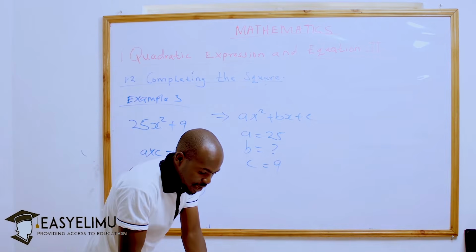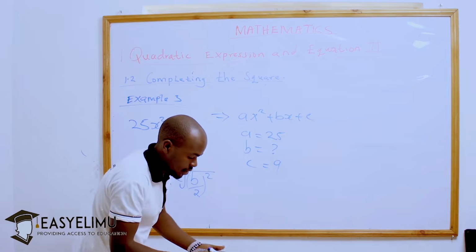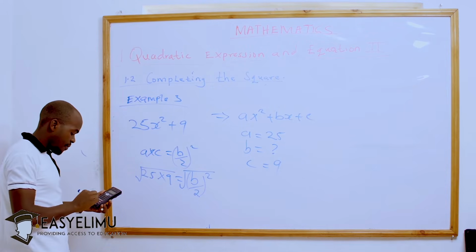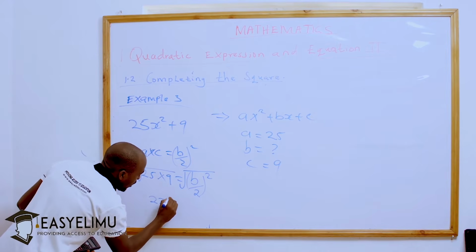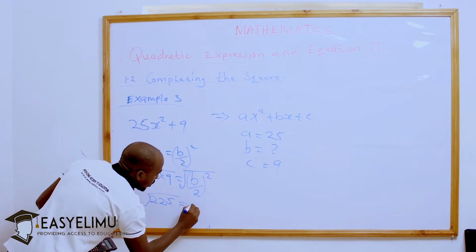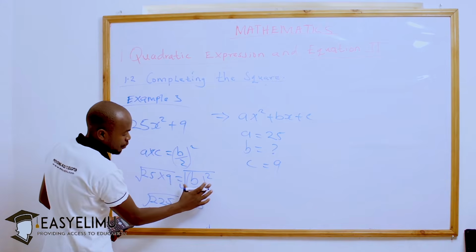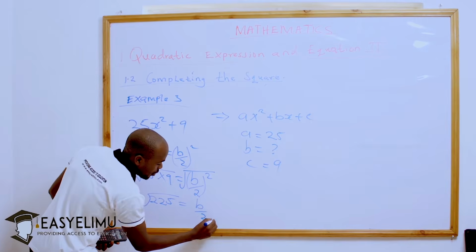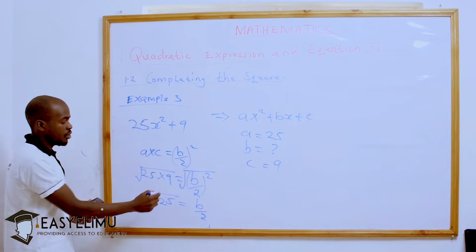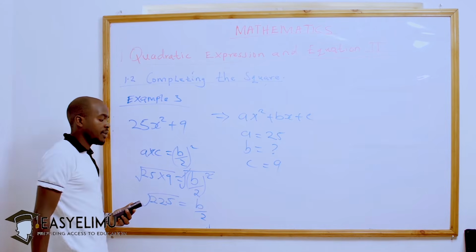If we multiply 25 by 9, we are going to have 225. That should be equal to the square root of b over 2 squared, and we shall remain with b over 2, because the square root will cancel with the square.